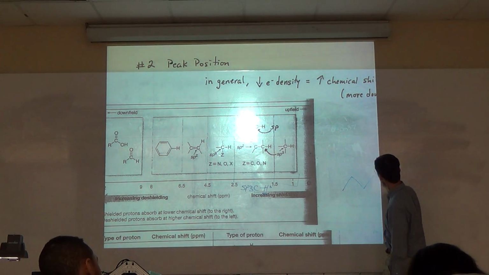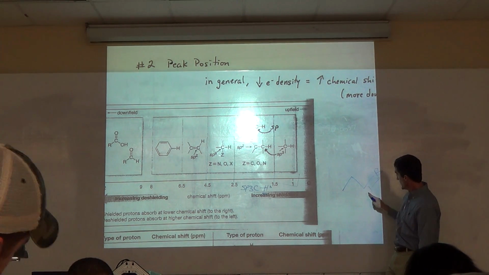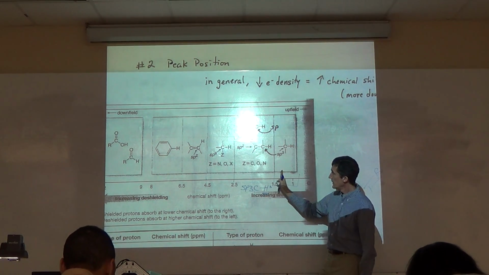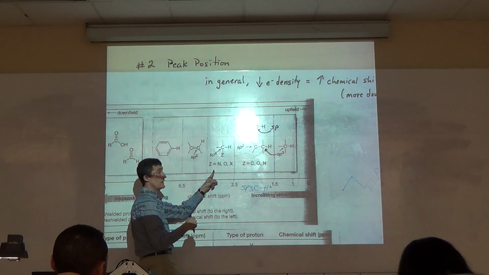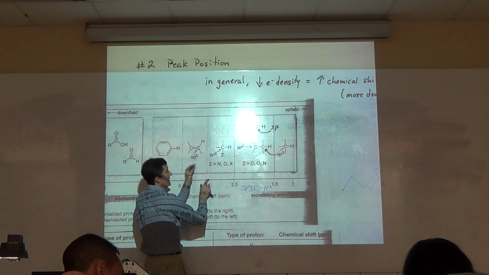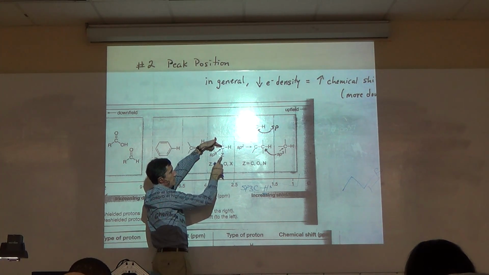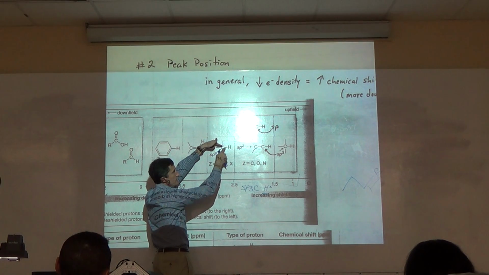Now, if you put a bromine here, it's going to start deshielding, and the H's closest are going to be farther back, more downfield, because of deshielding. This denotes a CH where the carbon is bonded to an electronegative atom like N, O, or a halogen.